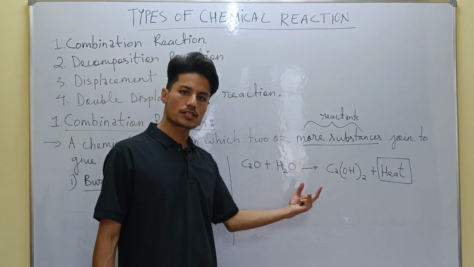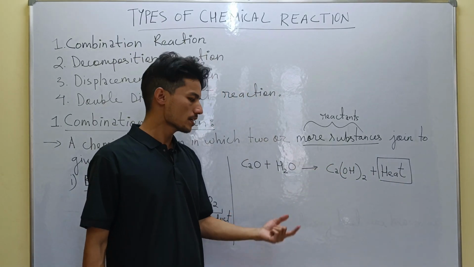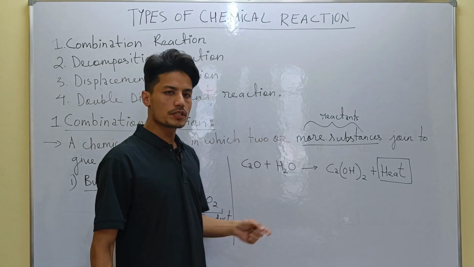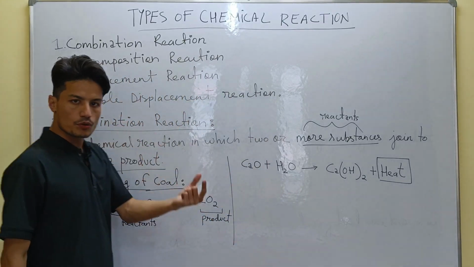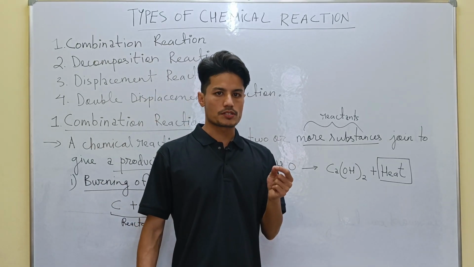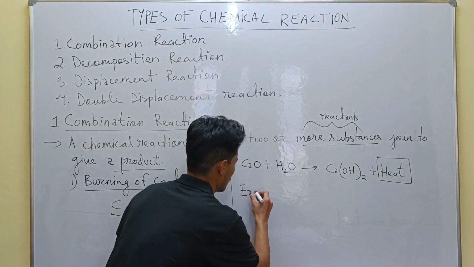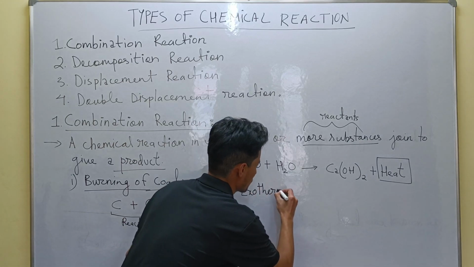There are some chemical reactions which proceed by releasing heat. Such types of chemical reactions are known as exothermic reactions. So when we discuss combination reaction, you should also know about exothermic reactions, because it is discussed under this topic only. Now let us write what exothermic reactions are.